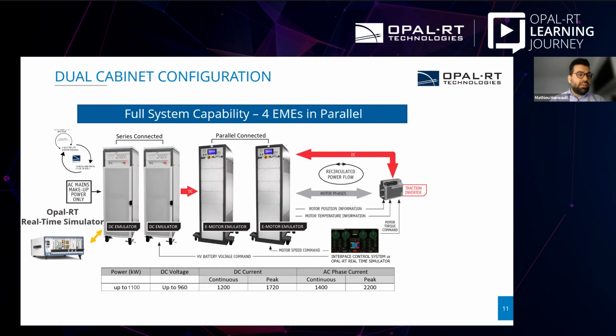And we're talking about 1.1 megawatts total power that can be used in this bench. Keep in mind that this is the nominal power. Since we're recirculating the whole power, we just need 25% of this power available in the lab to power up the whole system.